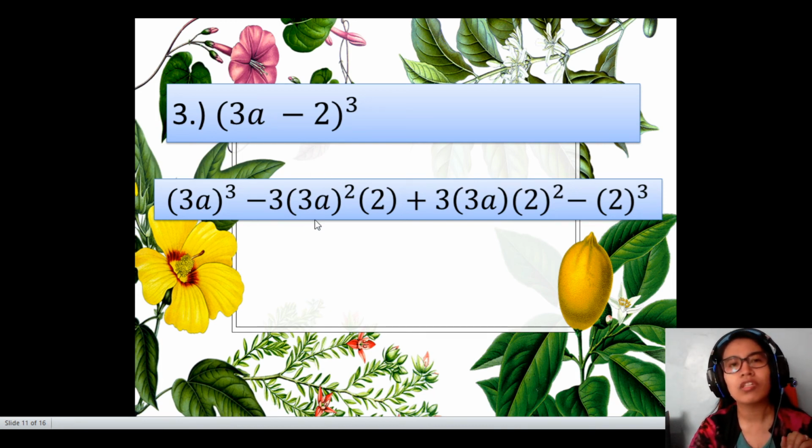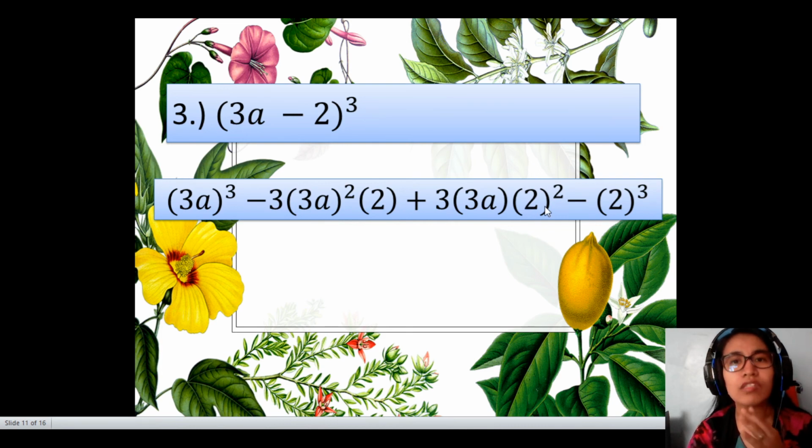Then again, start with this. Always start with those that are squared before you multiply to another and multiply to another, so you're not going to be confused. So you have (3a) squared. 3 times 3 is 9, 9a squared. So you have 9a squared times 2 will give us 18a squared, times negative 3 will give us negative 54a squared. Then for the third term, you have 2 squared.